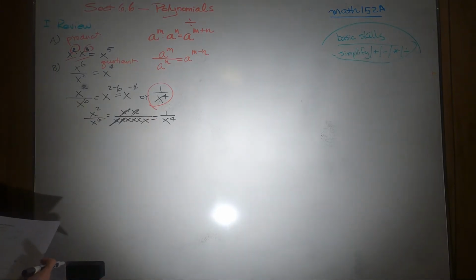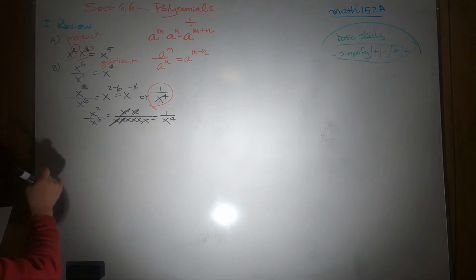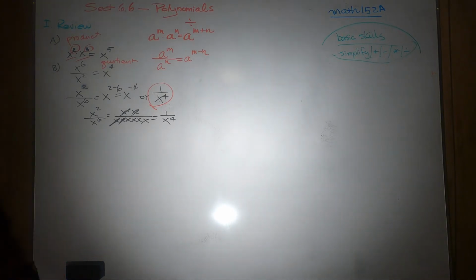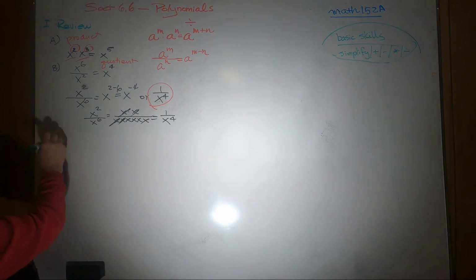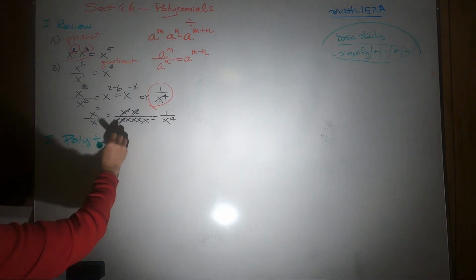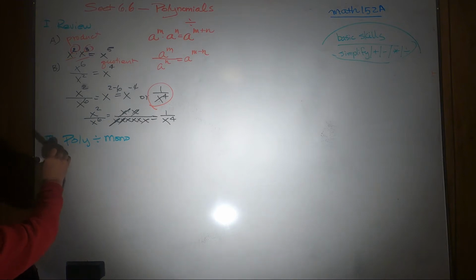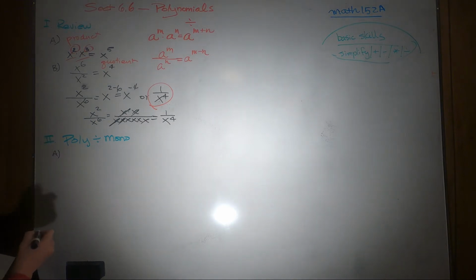Then, let's see. We are doing divisions, right? First, we did mono divided by mono. Now we are going to do poly divided by mono, right? Many terms divided by one term. So the idea is this way.